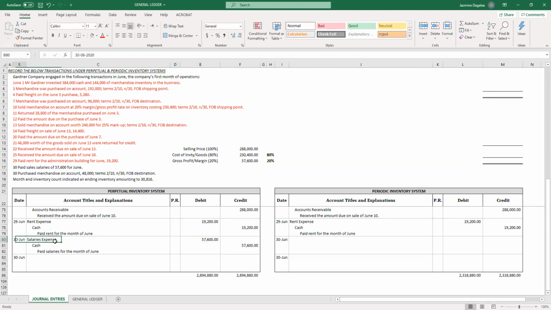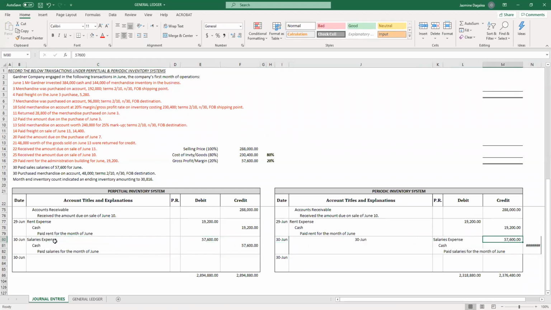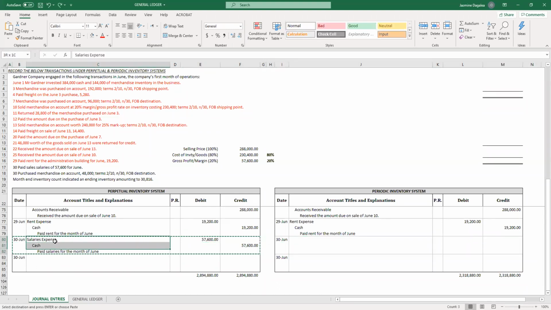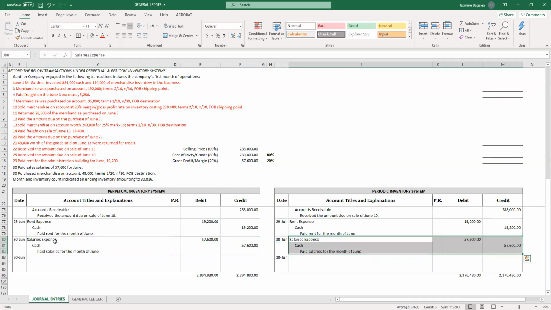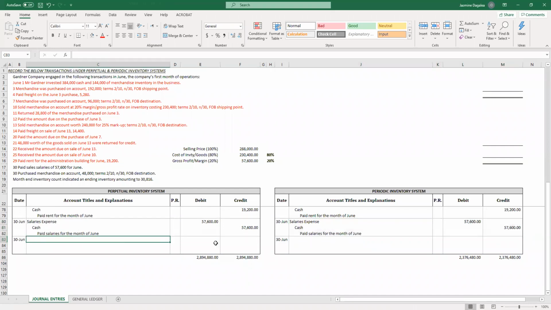Okay, same lang din sa periodic, kasi magkakaiba lang kayo sa purchase and treatment of inventory.